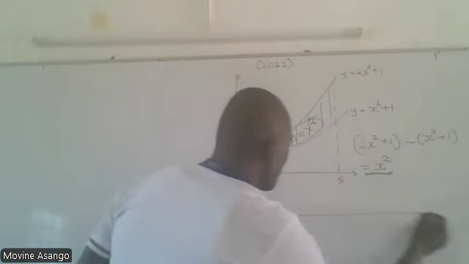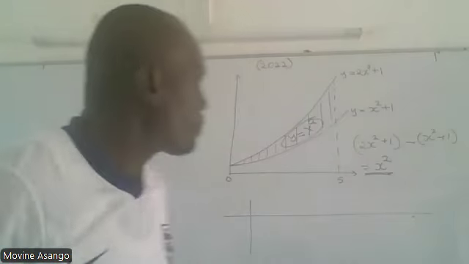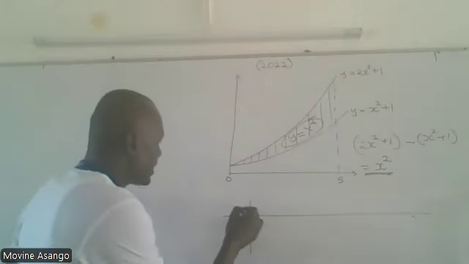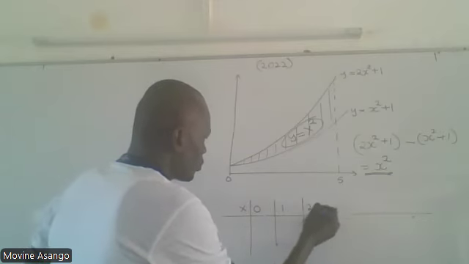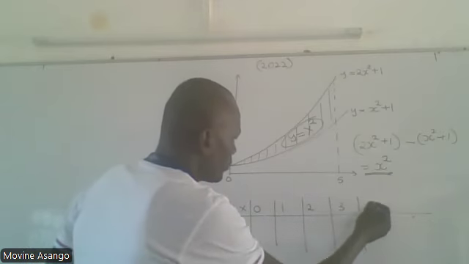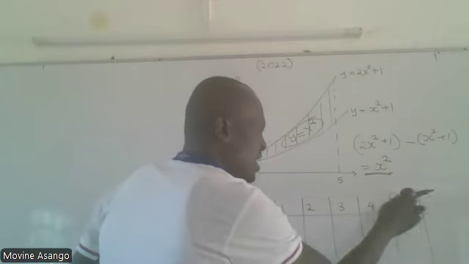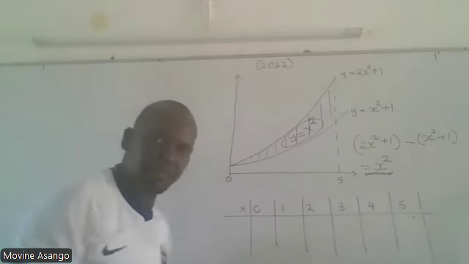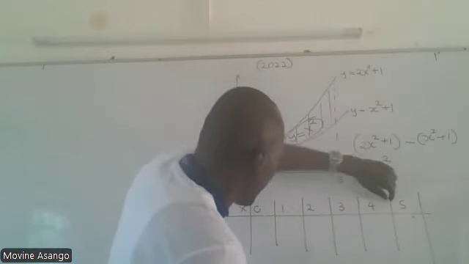If you are supposed to use trapezium rule and 5 strips from 0 to 5, then x would be 0, 1, 2, 3, 4, 5. That is 6 ordinates, but strips are 5.